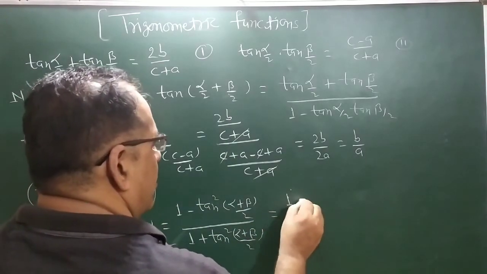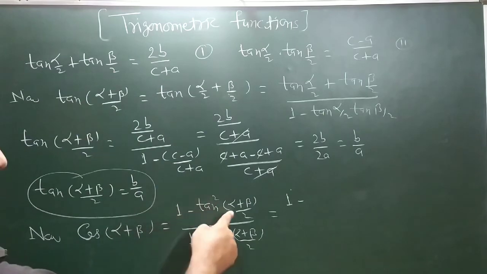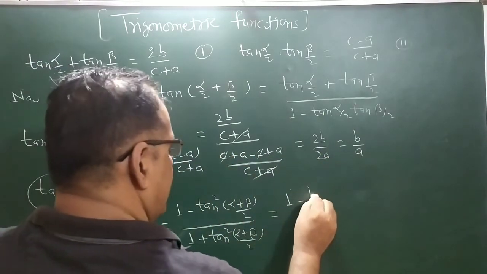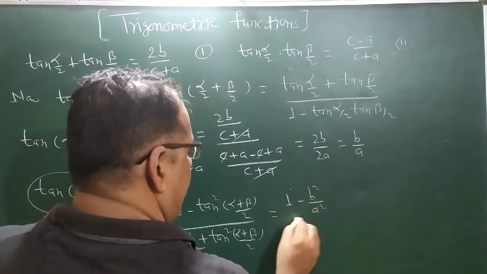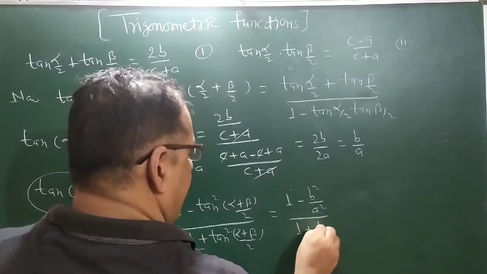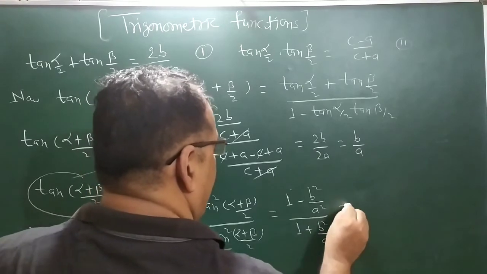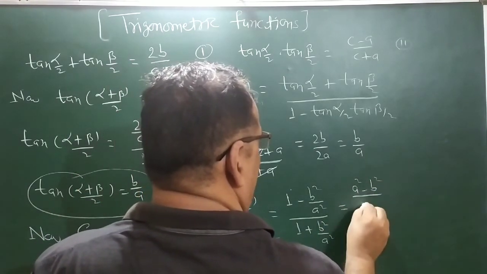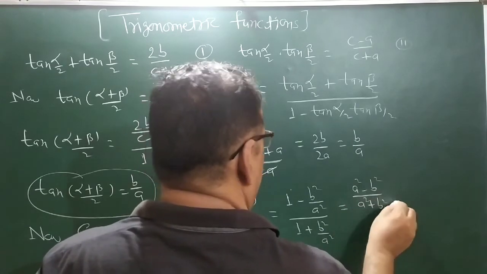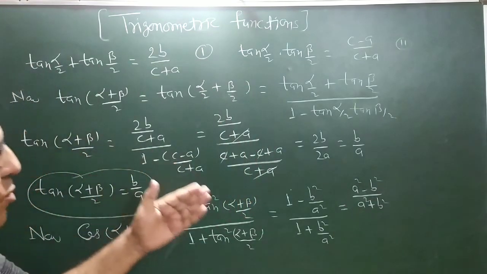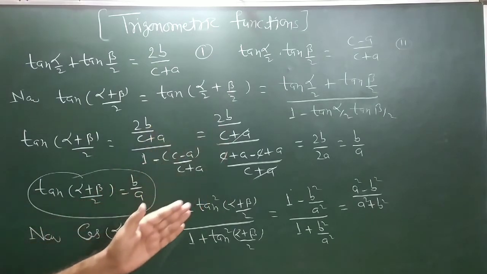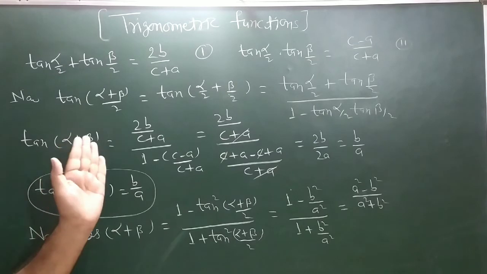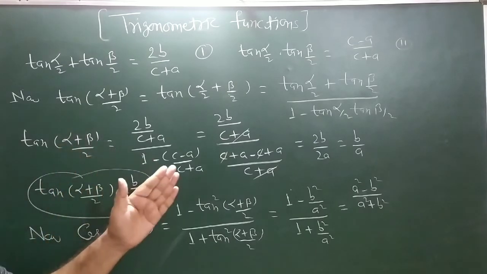Use the value of tan((alpha plus beta)/2), given here as b upon a. So 1 minus b square upon a square, in the denominator 1 plus b square upon a square. After LCM we have a square minus b square upon a square plus b square. These are some important questions based on the identity and half angle of the trigonometric ratios. These are some questions from your NCERT exam.